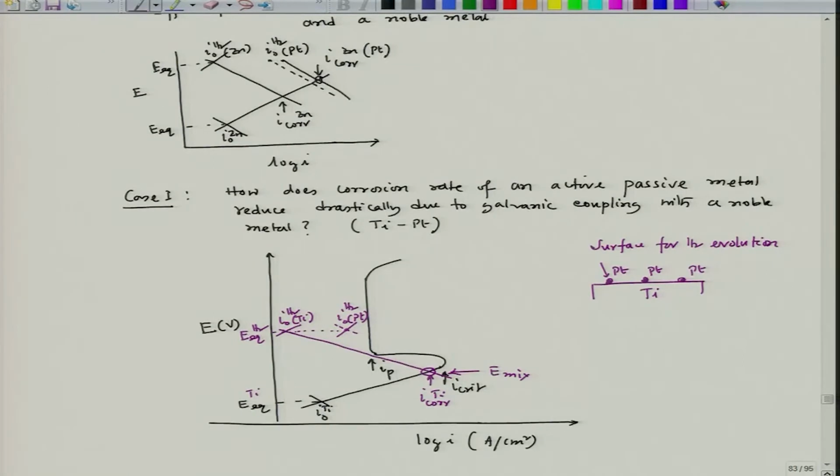So, now on platinum surface it will have its own cathodic polarization plot. If the polarization plot is going like this, let us say this is the point, let me shift it just to give a better explanation. If I shift it here, now this will move like this. So, this is the line.